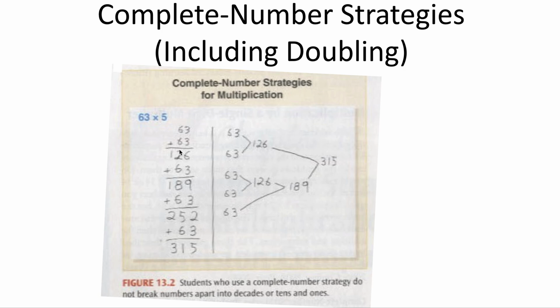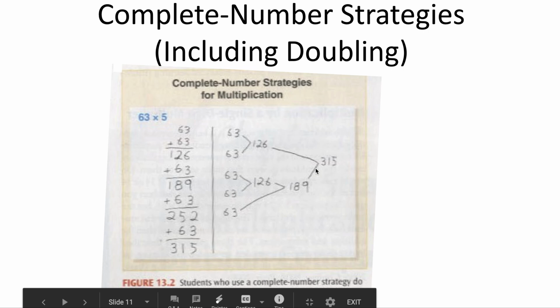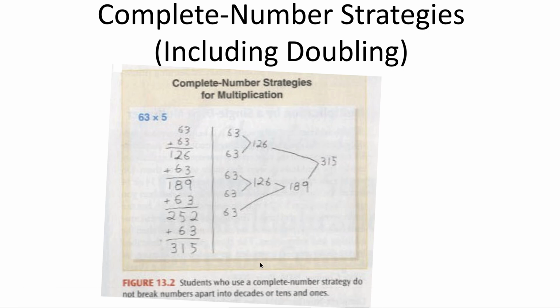So either keep adding 63 five times, 1, 2, 3, 4, 5, or use some addition strategy like doubling. You can check your own answer, or you can just calculate the multiplication. But it seems like this student used the knowledge about multiplication as repeated addition, right?